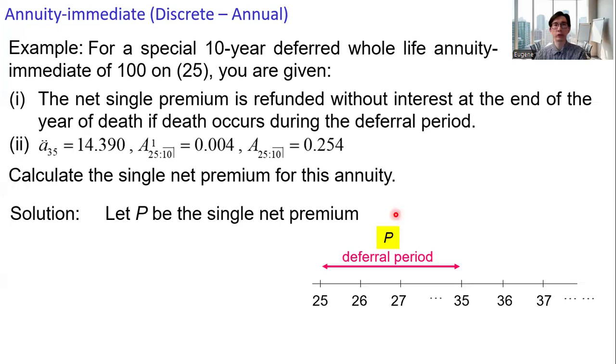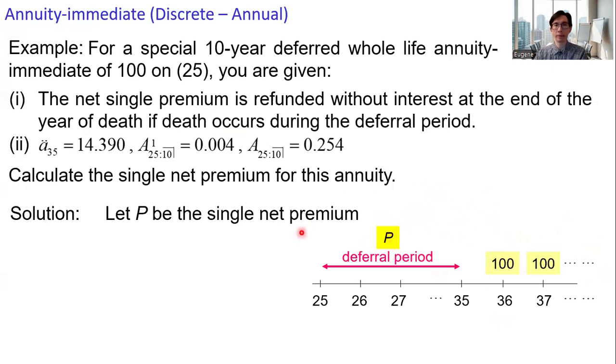And then if the individual survives beyond the 10-year deferral period, we have an annuity. The annuity amount is 100, starting from age 36. These are the benefits.